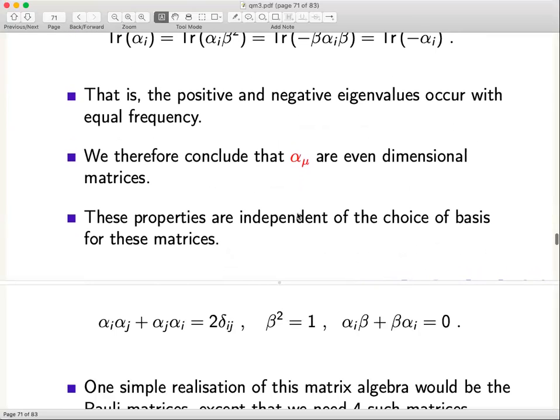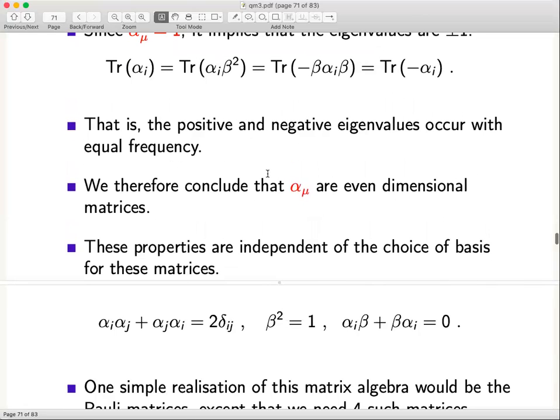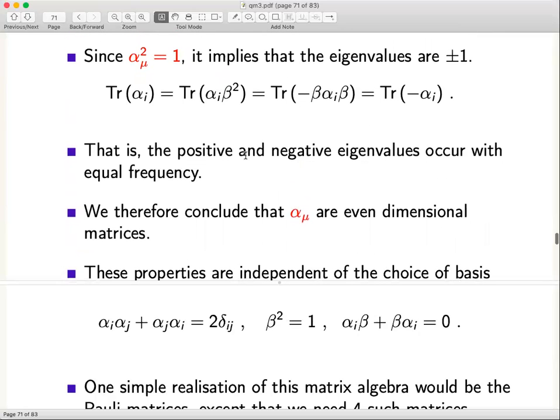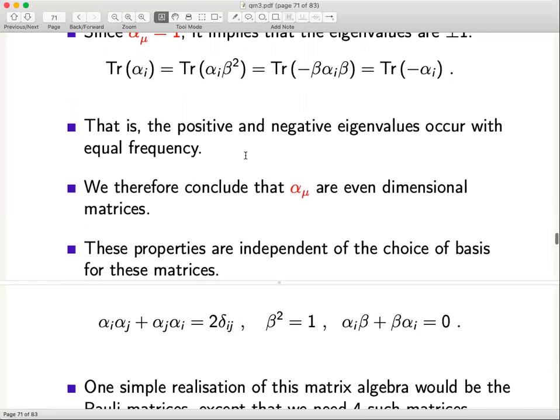One important thing is that all these properties that we have written down, we did not make any specific choice of alpha matrix or beta matrix to arrive at these results. So these results are independent of choice of basis. The reason for saying this is because when we write down alpha and beta matrices, there are multiple ways in which you could write them down. There is nothing called a universal choice, there is definitely no unique choice.